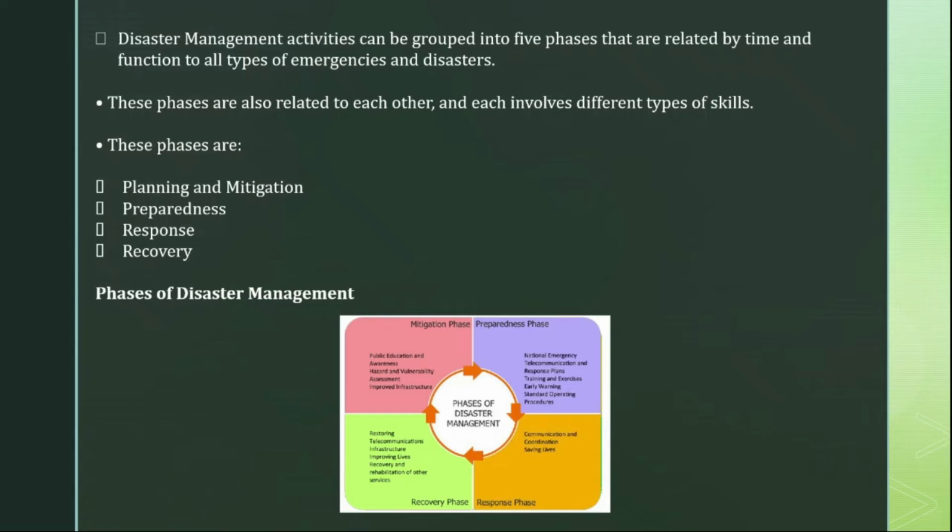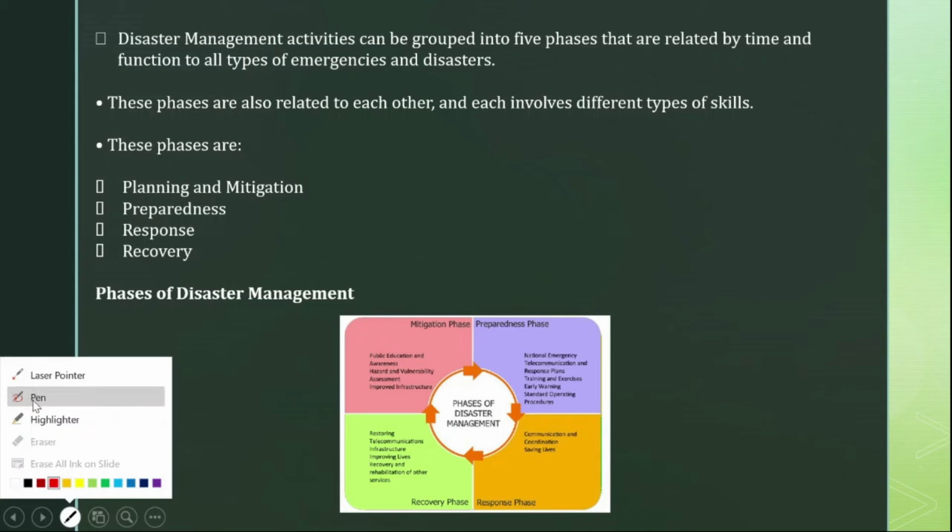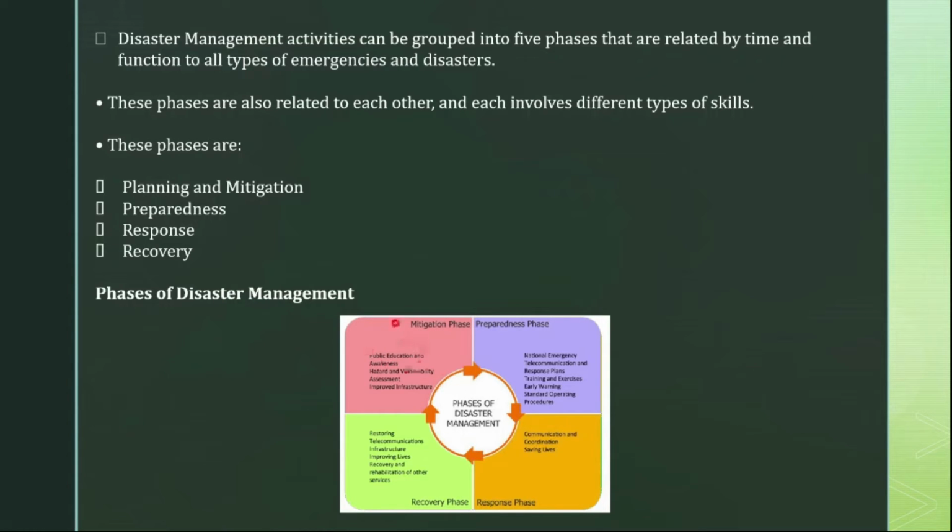You can see in this chart, the mitigation phase, or we can say planning phase. This is the preparedness phase, this is the response phase, and this is the recovery phase. These 4 phases are used in disaster management, and whenever we learn about disaster management, we must know about these phases.